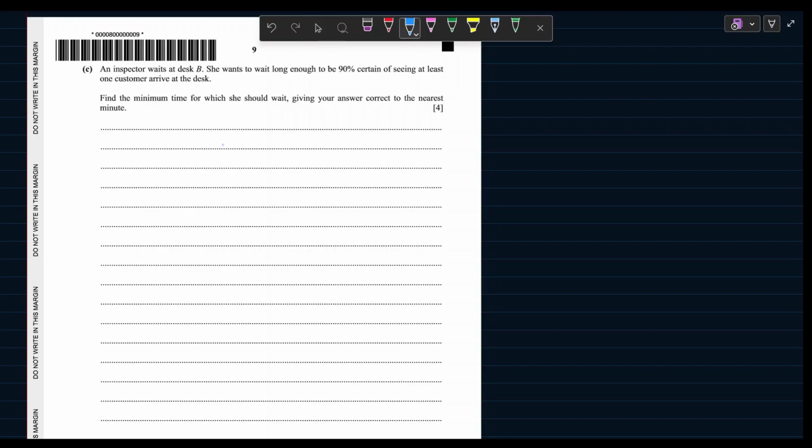Okay, so let's define our random variable M as the number of customers arriving at desk B, because our focus here is desk B. The inspector is waiting at desk B, and here we don't know how long she waits, so we're just going to write this as t minutes.